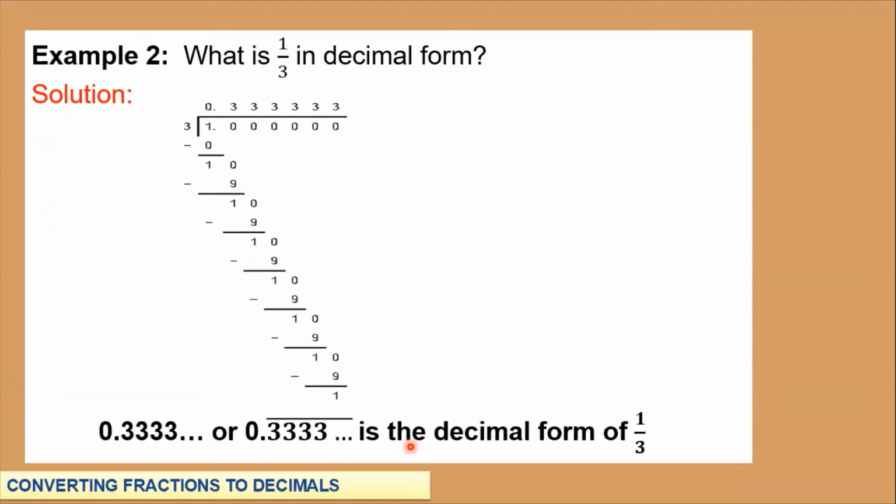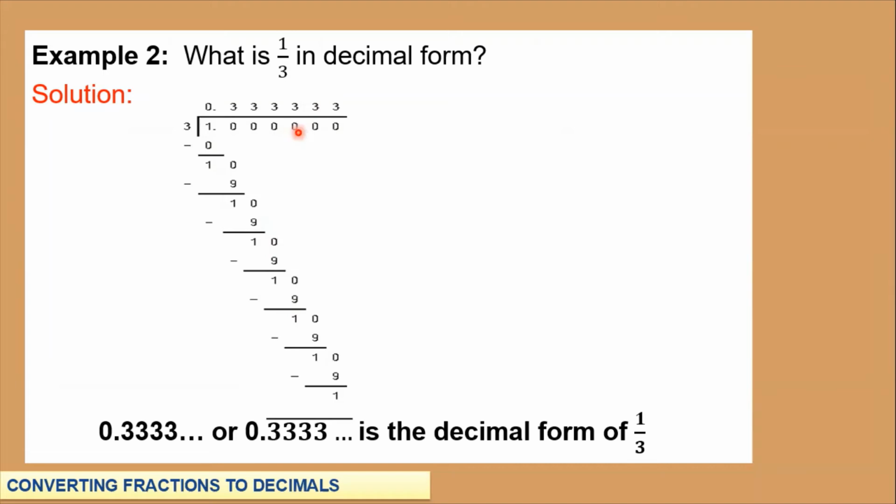Another example, what is 1 over 3 in decimal form? Again, numerator 1 divided by the denominator, which is 3. Notice that the remainder of 1 keeps on appearing as we go on with the computation. We can stop maybe on the fourth, since we can observe that the numbers just keep on repeating.